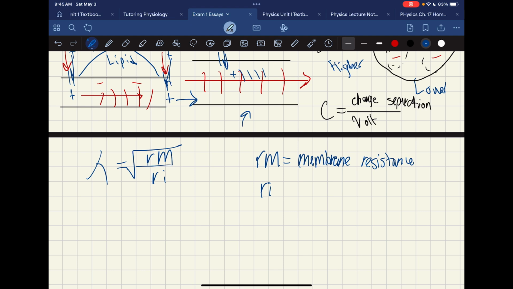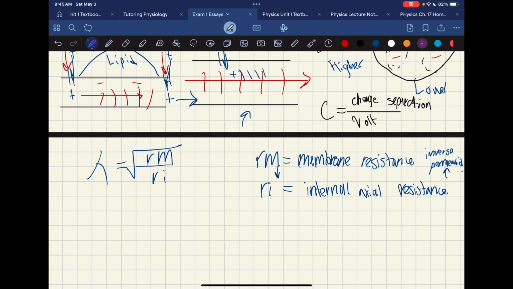Ri is the internal axial resistance. This is the inverse of permeability. So if permeability goes up, membrane resistance goes down, and vice versa.